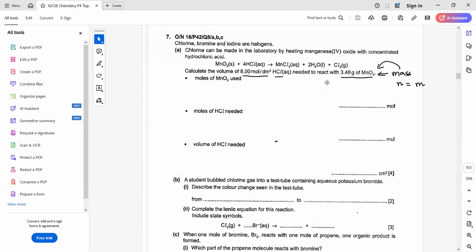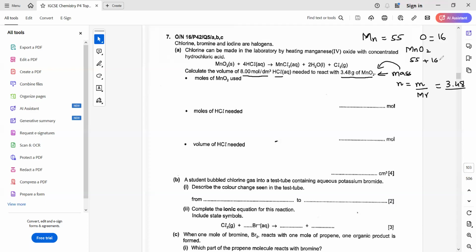Yeah, I have answered in the chat box. That is mass over MR. That's nice. So mass is 3.48. Thank you, Bushra. MnO2 MR. Now we have to find out the MR of MnO2. So manganese is 55. That comes from the periodic table. Oxygen is 16. So MnO2 will be 55 plus each oxygen is 16, but I'm having two oxygen.